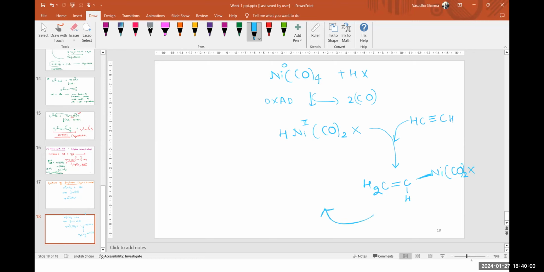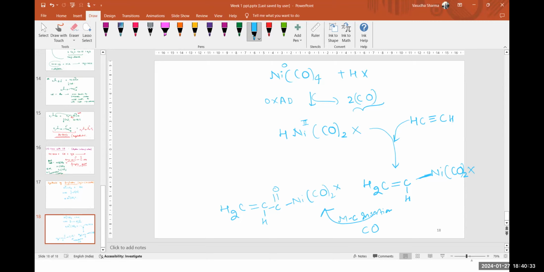Now, at this particular step, out of the two CO molecules, one CO molecule will come, and that would be a MC insertion, metal carbon bond insertion. So it will be forming CH2 double bond CH, C double bond O, and nickel CO 2 and X.